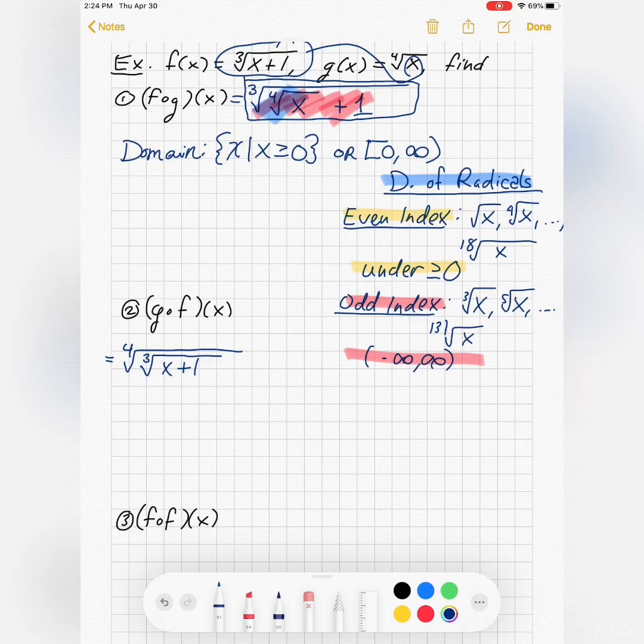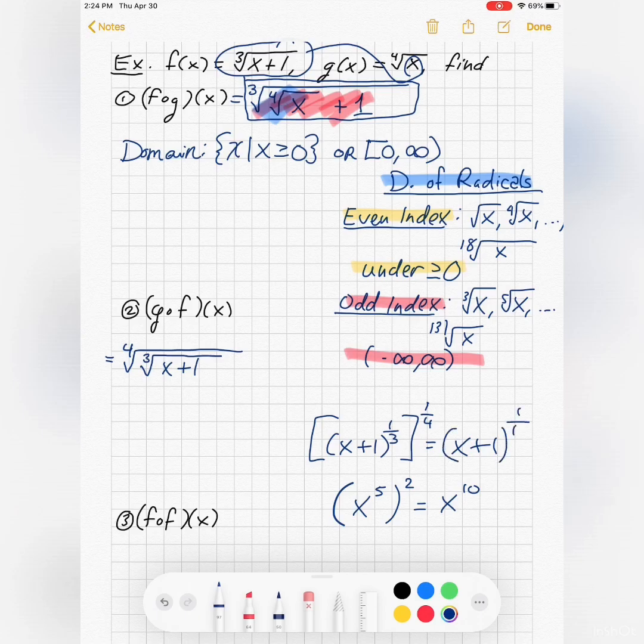Now this one, can I simplify it? Think about fractional exponents. This is like a power to a power, so I multiply the exponents, right? So this one, I multiply straight across. So this one turns into the 12th root of x plus 1. So that I was able to simplify.